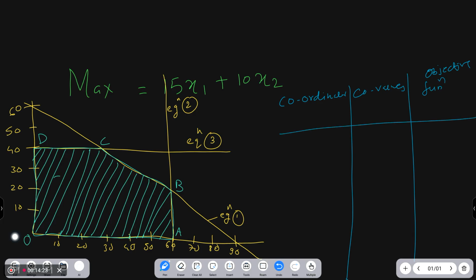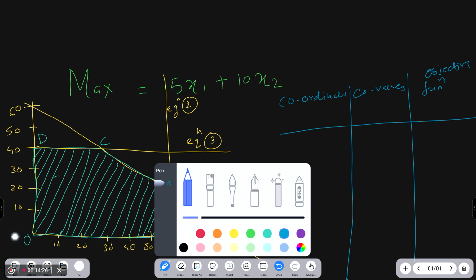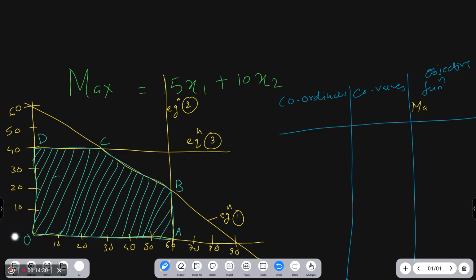What is the objective here? That is max z is equal to 15x1 plus 10x2. This is our objective function. Now, how many coordinates have you obtained here?